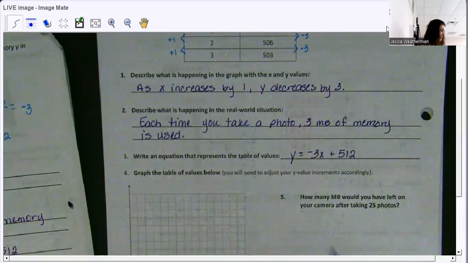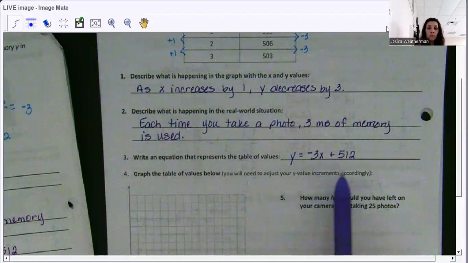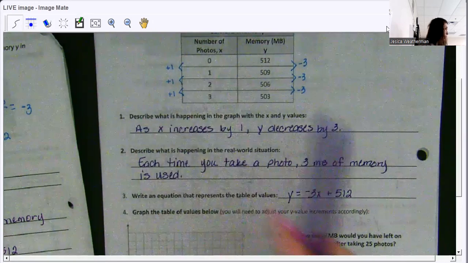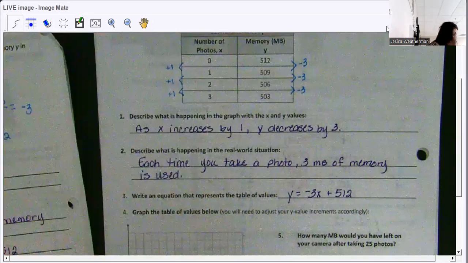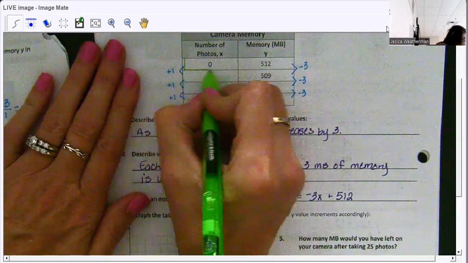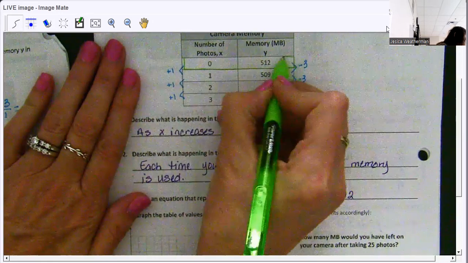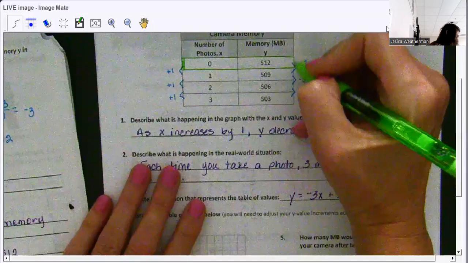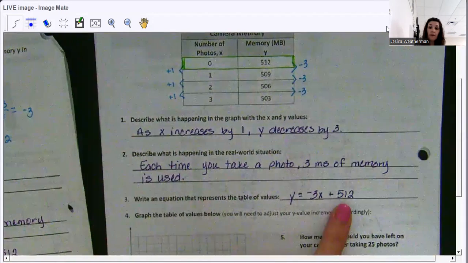Okay, so here is the equation, y equals negative 3x plus 512. Notice up here that your y-intercept is given to you. You didn't even have to do any work right here. Remember, when x is 0, your y-intercept is whatever the y value is, okay? And so that was given to you, so I know that 512 is this.